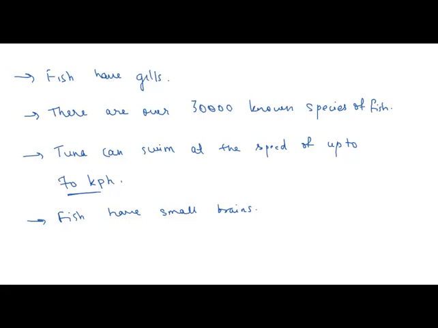There are also cleaner fish which help out other fish by removing parasites and dead skin from their scales. Although jellyfish and crayfish have the word fish in their names, they aren't actually fishes.